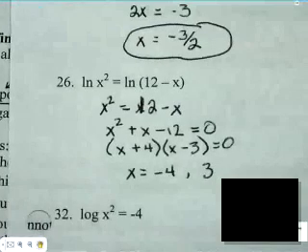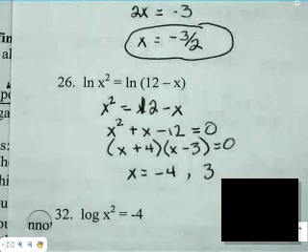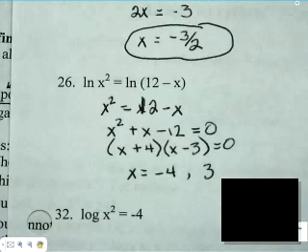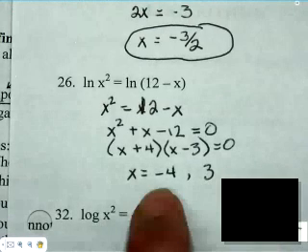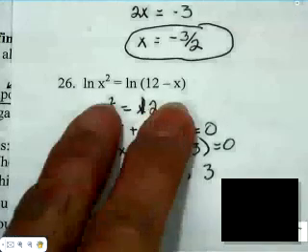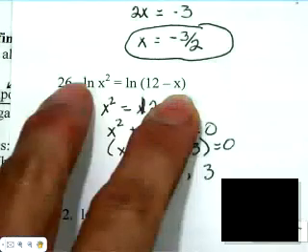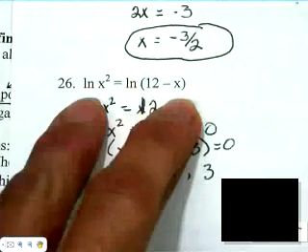Can I use both of those answers? Yeah. Nobody said I couldn't have a negative answer. If I put negative 4 in place of both x's, I'm going to have natural log of 16 equals natural log of 16. And that's true.